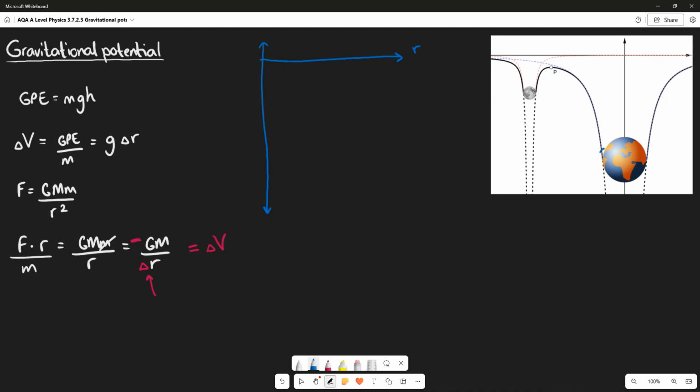An object can never be closer to the center of the mass than it is on the surface. So let's think about the smallest radius being the surface of the planet, so the radius of the planet. And at the surface, it's going to have the lowest value of gravitational potential. So this would be on the surface.